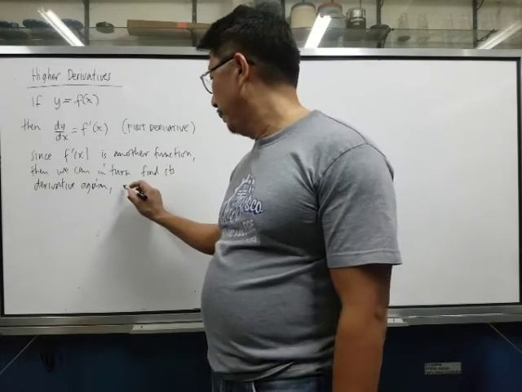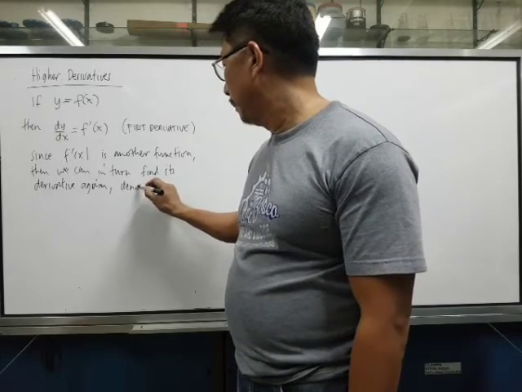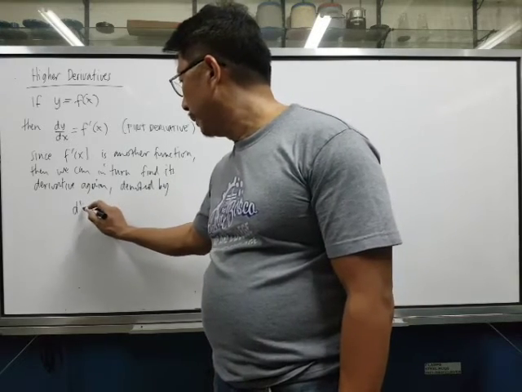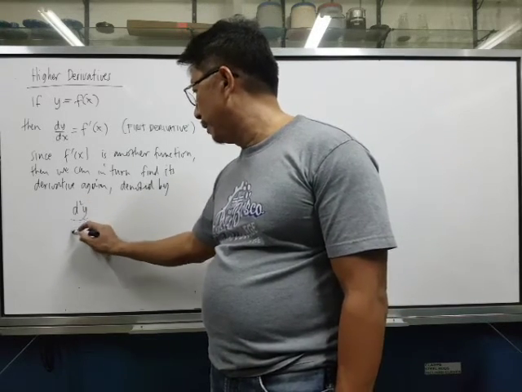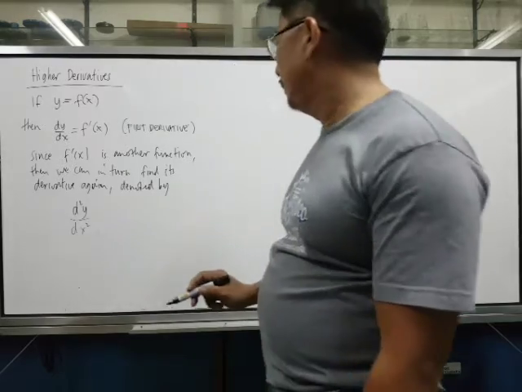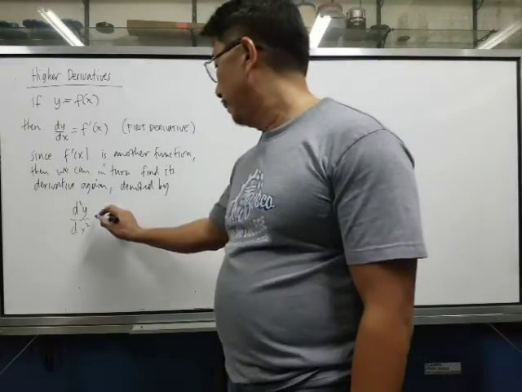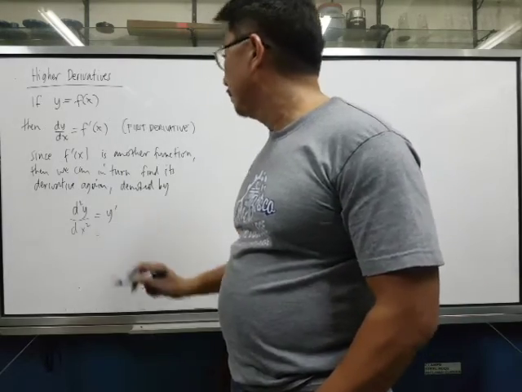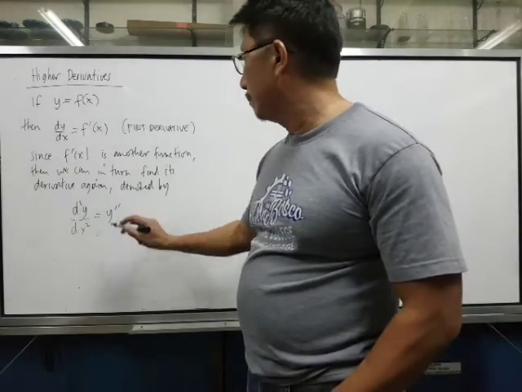So it will be denoted by the derivative of y with respect to x for the second time, or sometimes this is y prime, y double prime.